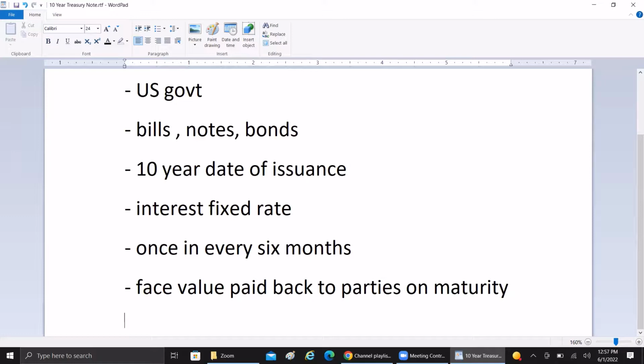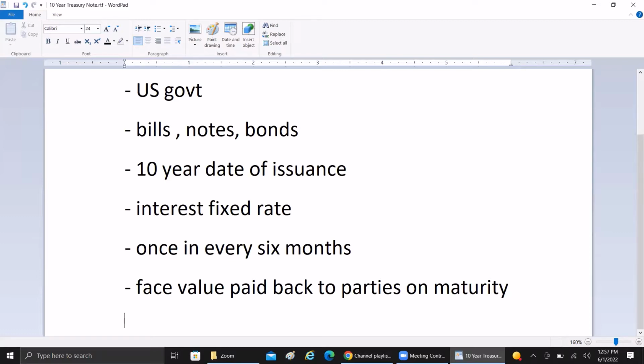But if you take the case of T-bills, it is going to be 8, 13, or 26 weeks, so you have to revisit all the payments again and again. And if you take longer than 10 years, the timeline is going to be huge. So 10-year treasury notes are the most commonly issued by the US government for the debt obligations.